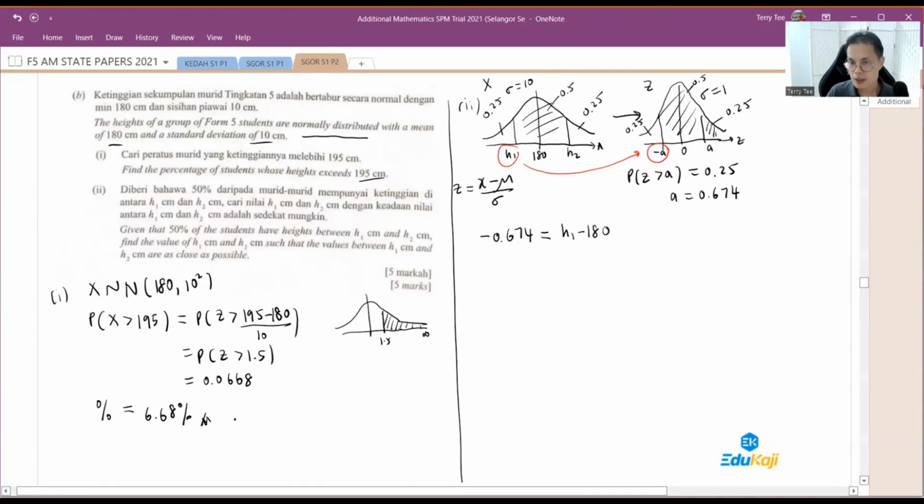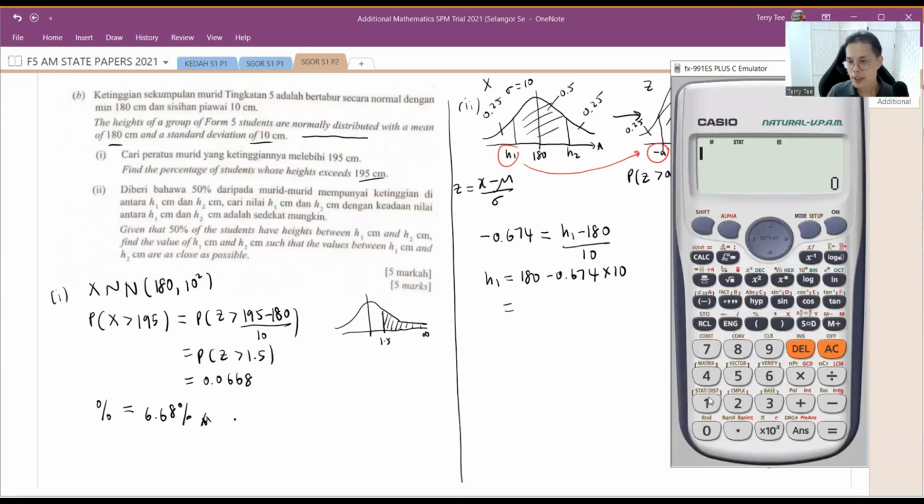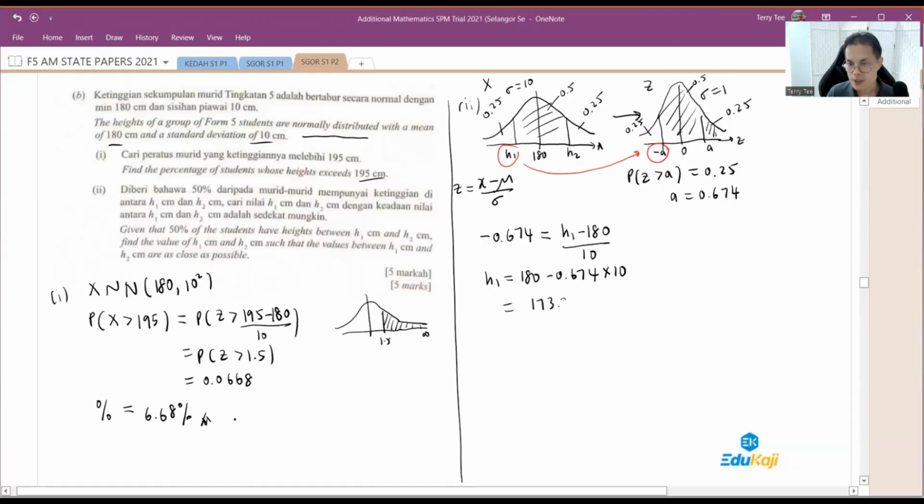My mean height is 180, standard deviation is 10. So H1 will be 180 minus 0.674 times 10, which is 180 minus 6.74. So I got 173.26. You don't have to give such an accurate answer. This is 5 SF. You can also get 173.3.